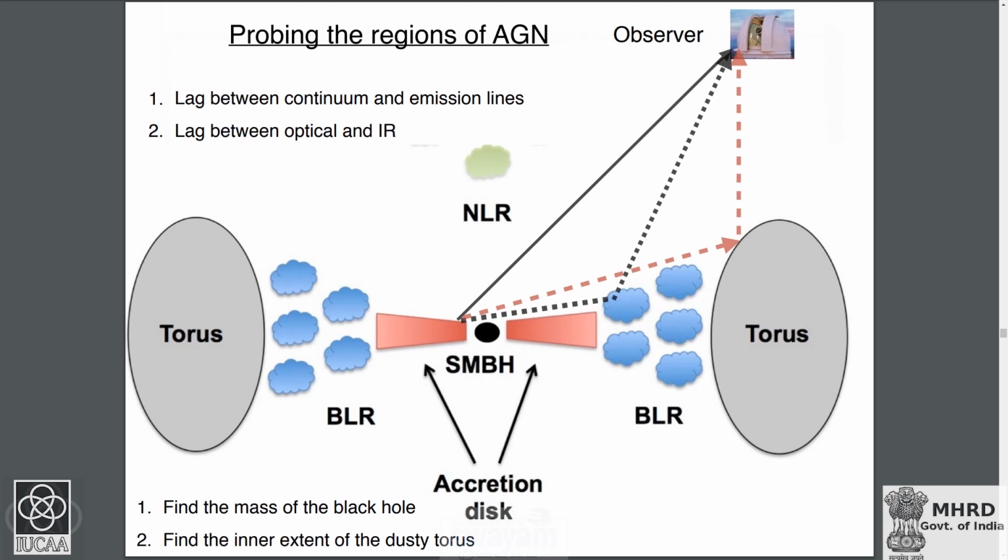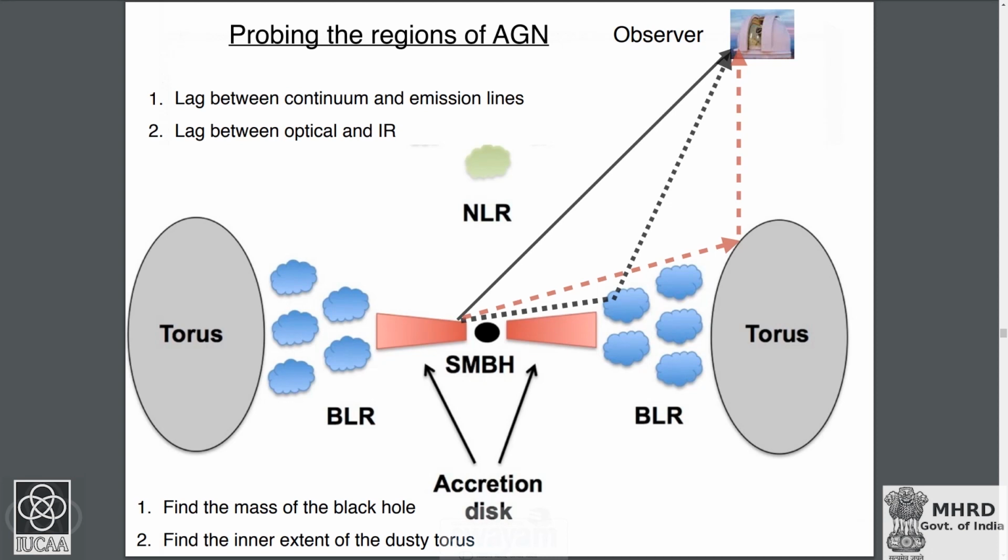This delay depends on the distance of the broad line cloud from the central engine. Once we know that, we will be able to put a constraint on the black hole mass. This can be done by a method called spectroscopic reverberation.